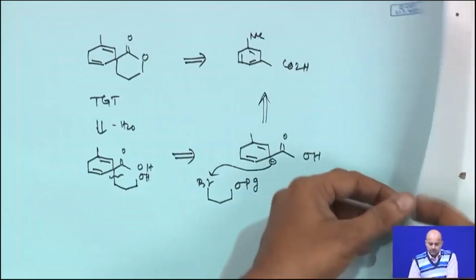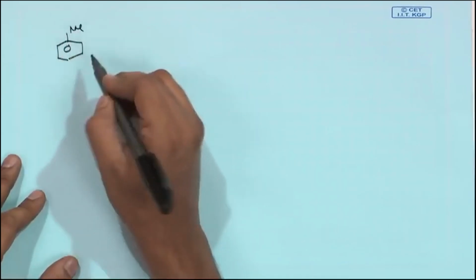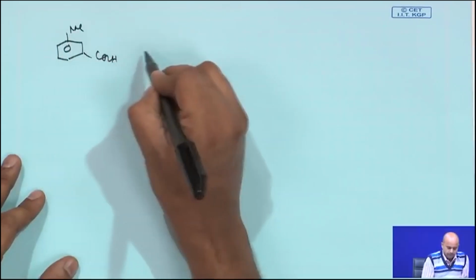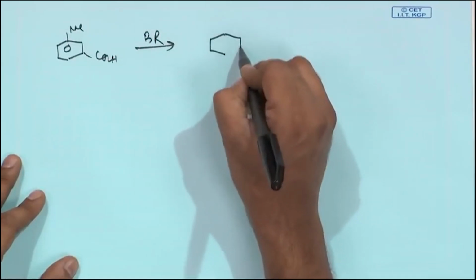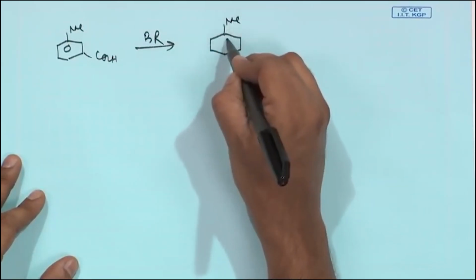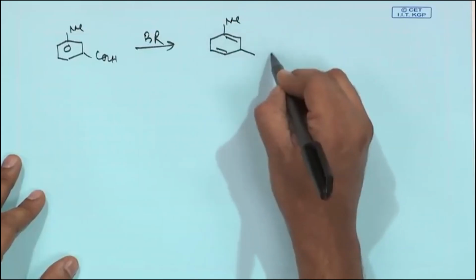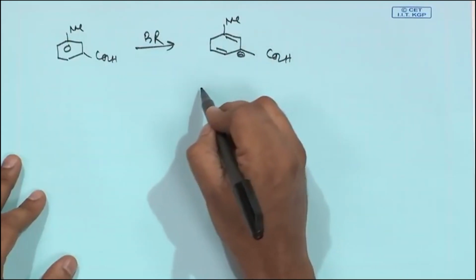So, now we try to do the forward synthesis. The starting material is this methyl CO2H. Do the Birch reduction first. Once you do the Birch reduction, you will get this compound and CO2H minus. What will we be using?